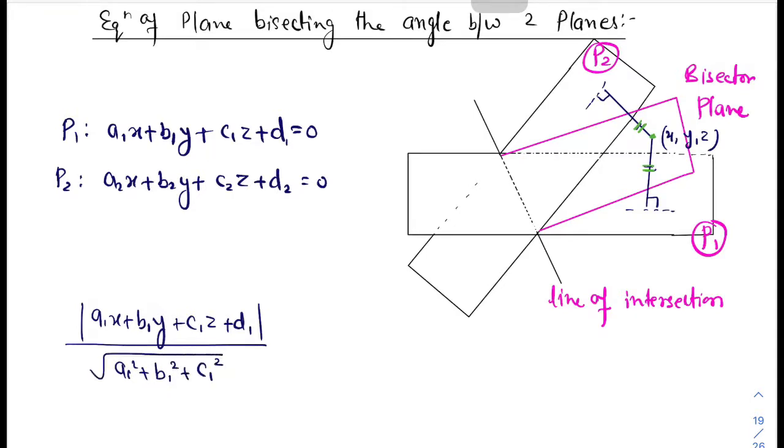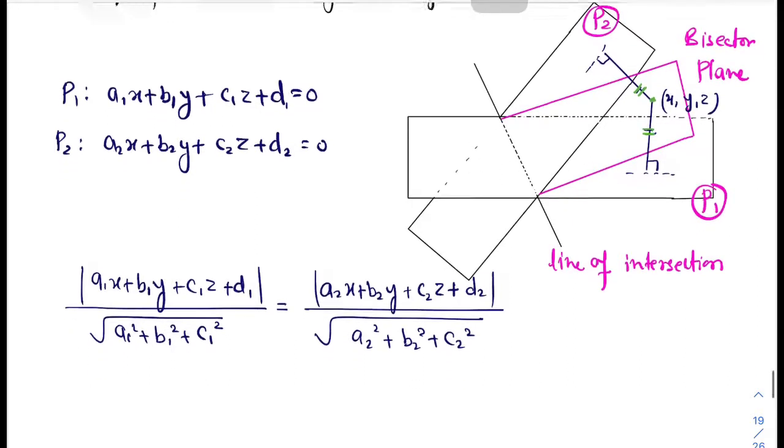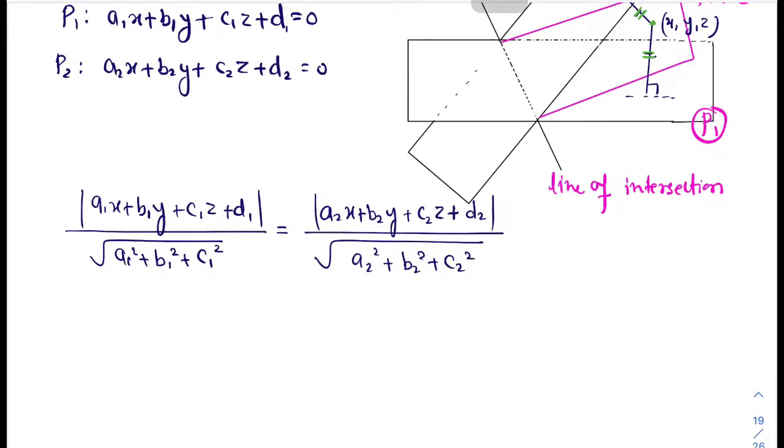This will also be equal to the distance of the point x, y, z from the plane P2, and that will be mod of a2x plus b2y plus c2z plus d2, divided by the root of a2 square plus b2 square plus c2 square. So this is our equation of the bisector plane.